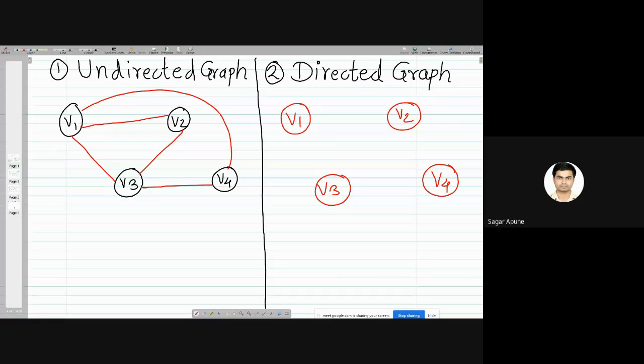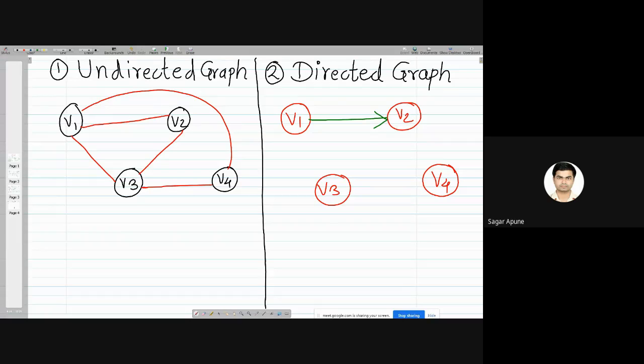V1, V3, V2, V4. Okay, and the edge is there. Here a V1 to V2 edge is there. So the direction specifies there is an edge from V1 to V2. So we can read it as V1, V2.